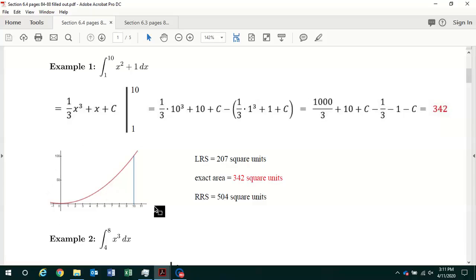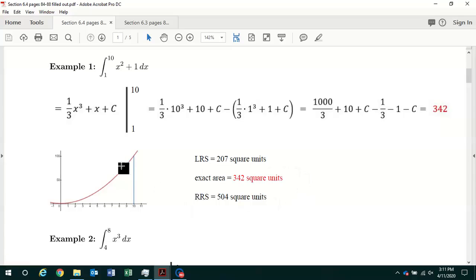Here's the graph again from section 6.3. The left-handed Riemann sum was 207 square units. The right-handed Riemann sum was 504 square units. Well, the answer to our definite integral from x equals 1 to 10 gives us the exact area under the curve and above the x-axis from x equals 1 to 10.